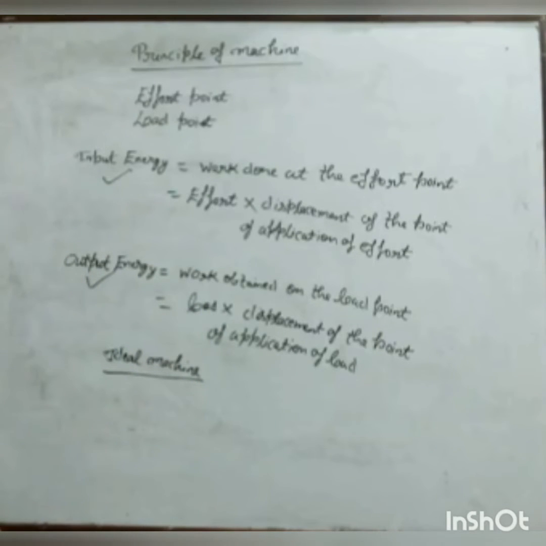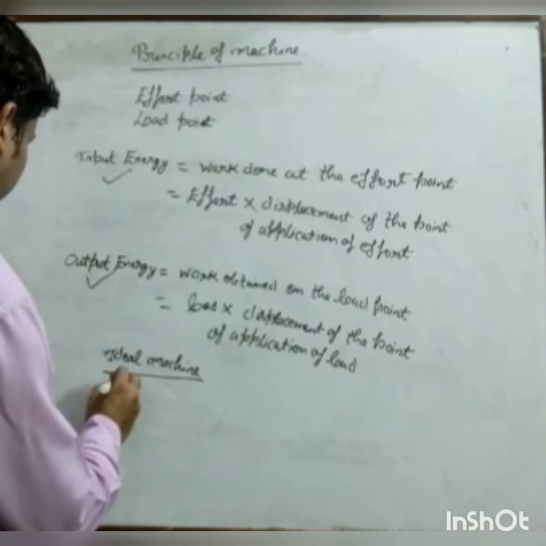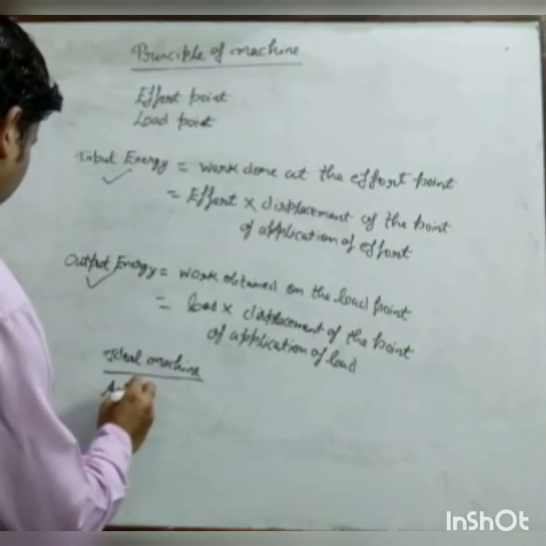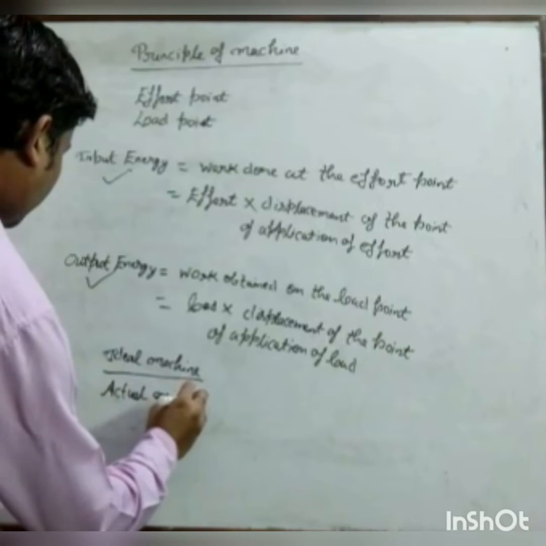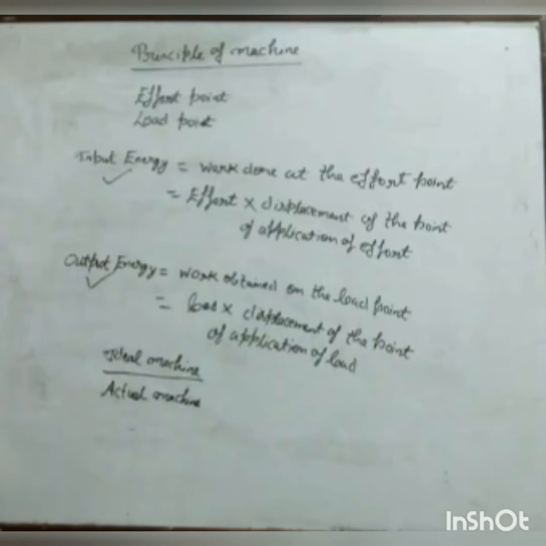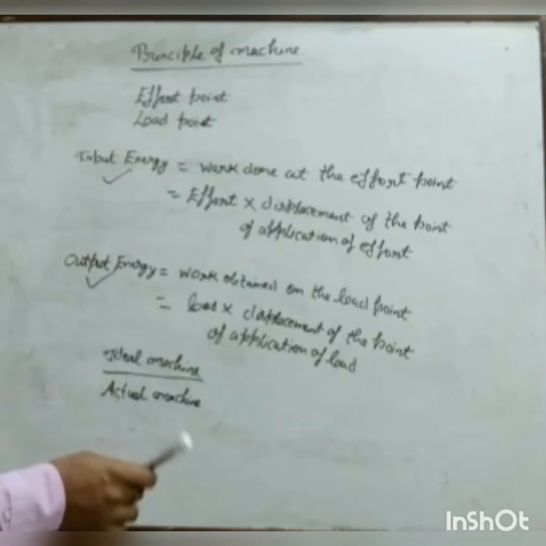And what is the actual machine? In an actual machine, the output energy is always less than the input energy, indicating that there is some loss of energy during its operation.